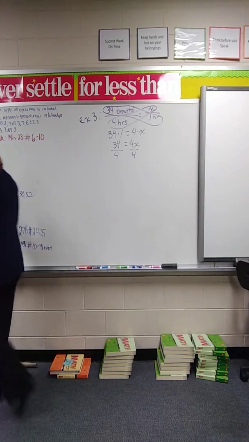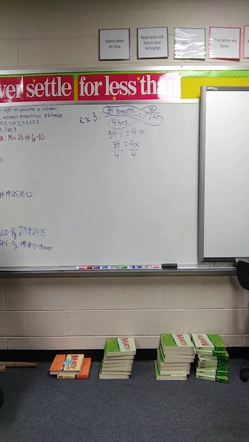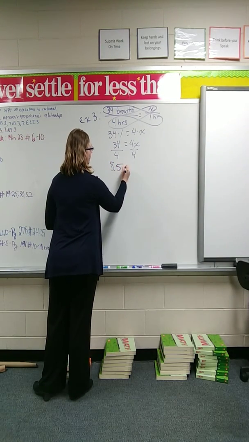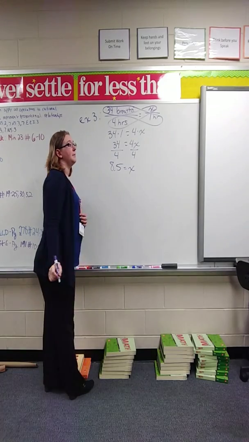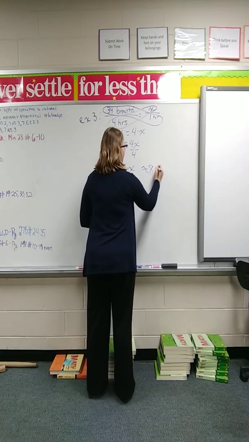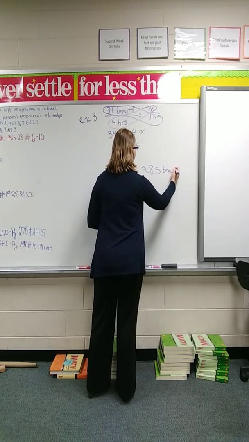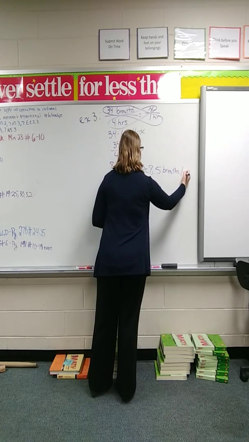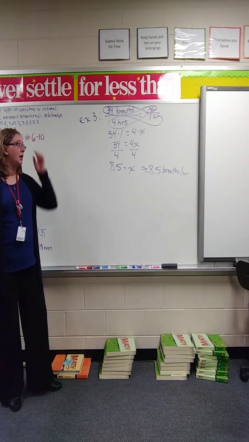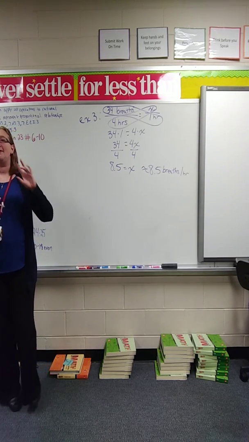34 divided by 4 is 8.5. So that means that we take about 8.5 breaths per hour. Now what we're going to do, we found the unit rate.